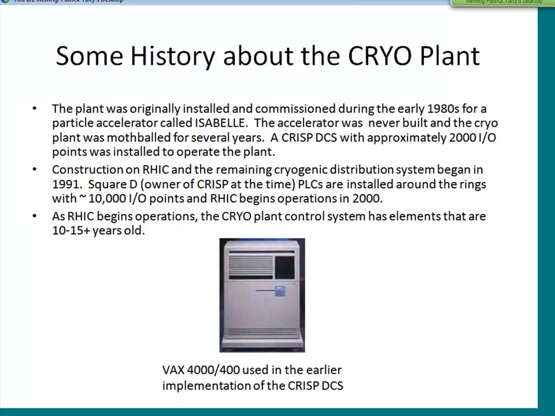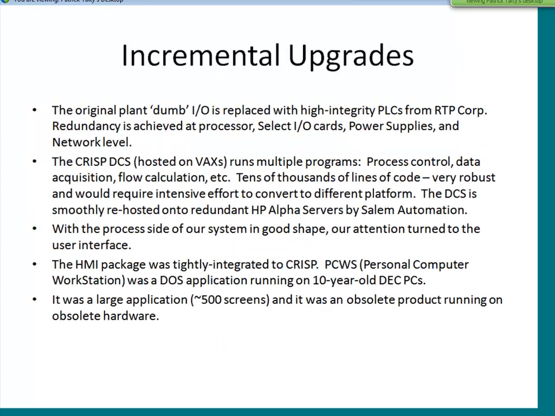The picture you see there is one of the VAXs running a VMS operating system that was used to host the original CRISP DCS. So upgrades, of course, are incremental based on funding, resource availability to actually do the work, and time to get the work done.